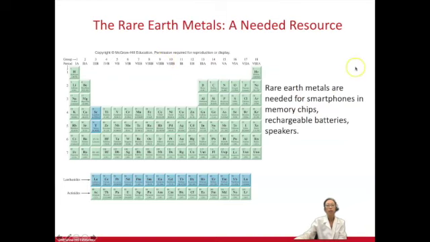Rare earth metals are needed in smartphones, and what that means is they are usually from really rare random places on Earth, all over the world. They have to come from exotic locations, and from those locations, these metals have to be mined, dug out of the ground, and then processed. They have to be separated from the soil they were dug out of. So this is all very energy intensive.